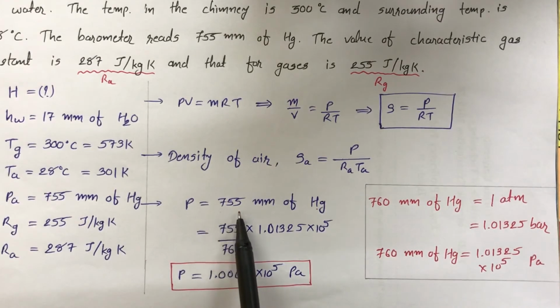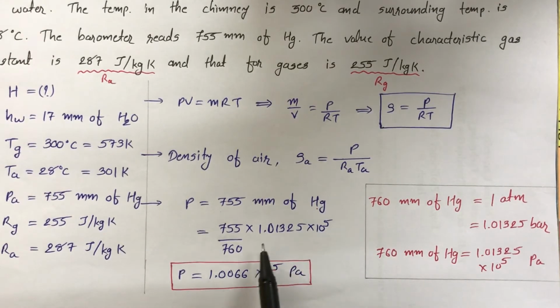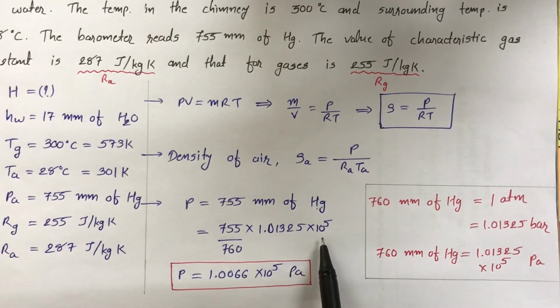Convert this 755 mm of Hg into Pascal by multiplying with 1.01325 into 10 raised to 5 and divide this value by 760. You will get pressure as 1.0066 into 10 raised to 5 Pascal.